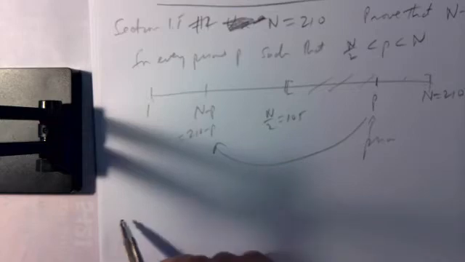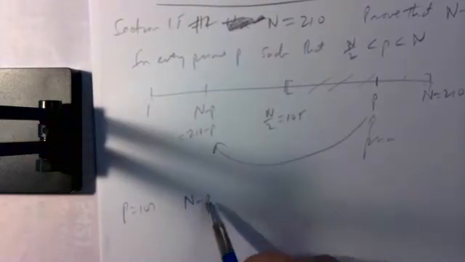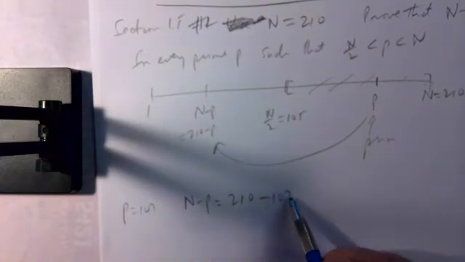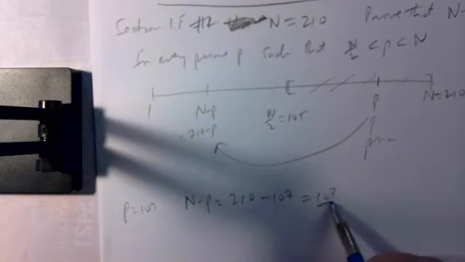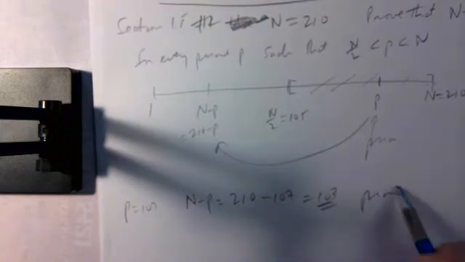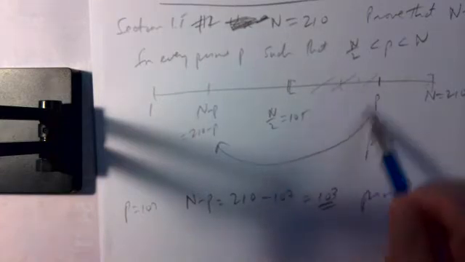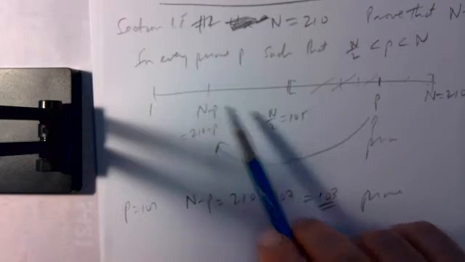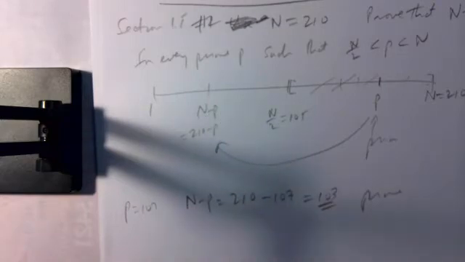107. Okay, so if p is 107, n minus p is 210 minus 107, which is 103, and this is also prime. And for every prime in this interval, you're supposed to check that n minus p is a different prime.